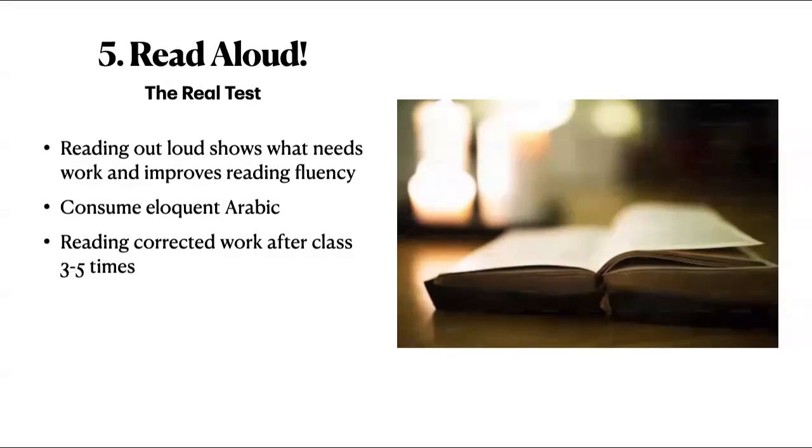And when do you read aloud? You read aloud when you've done your work, but especially after your lesson, when the instructor has corrected the work, that's when you read it 3, 4, 5 times. So these are the main principles, with the first and the fifth being probably the most important.